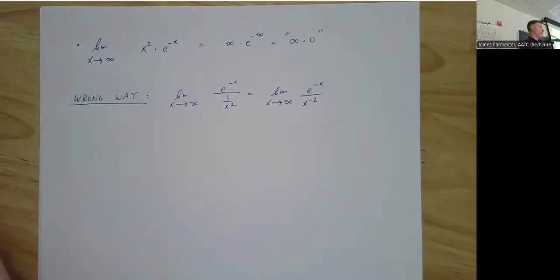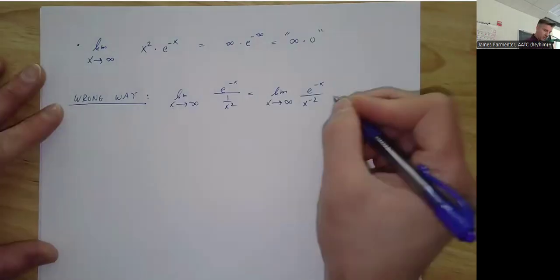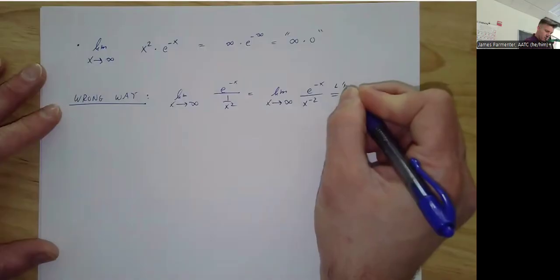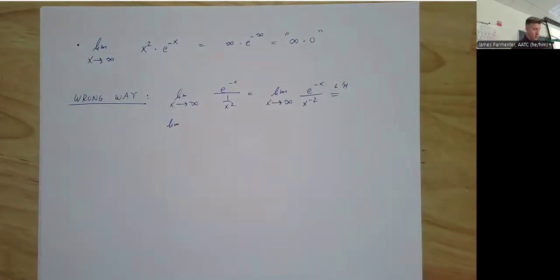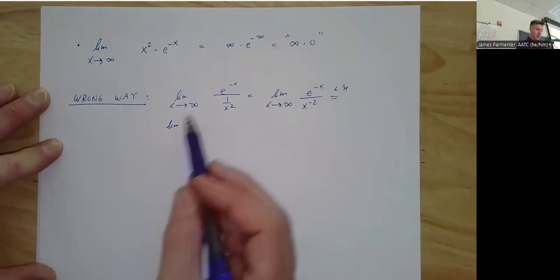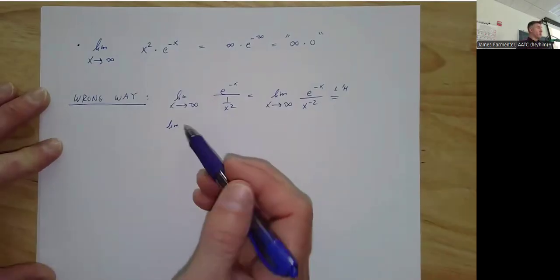This is going to be a never-ending process, because if we use L'Hopital's rule, we're going to get the limit. Oh, I should say, first of all, before I use L'Hopital's rule, I can see that if I plug in infinity here, I do have a 0 over 0 type.